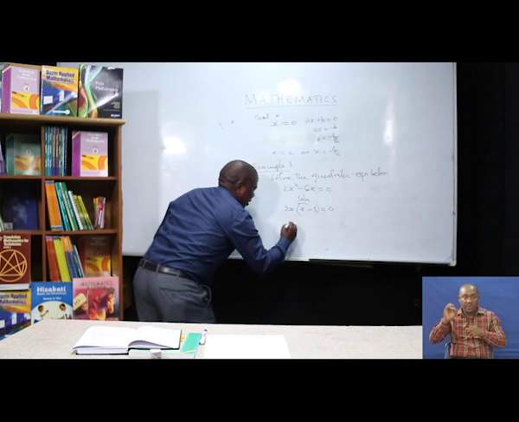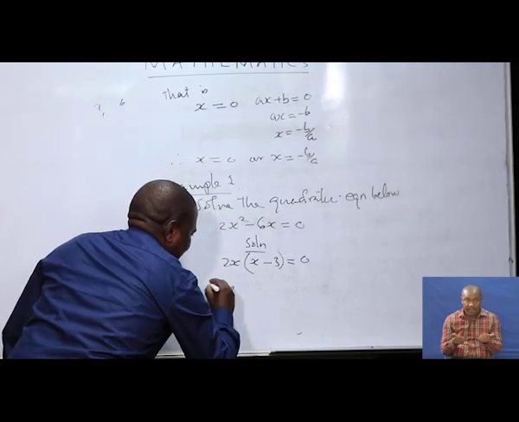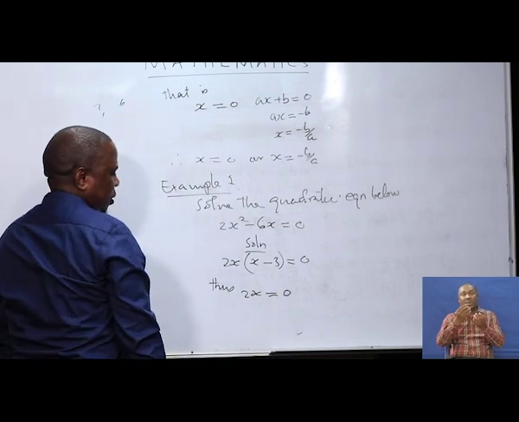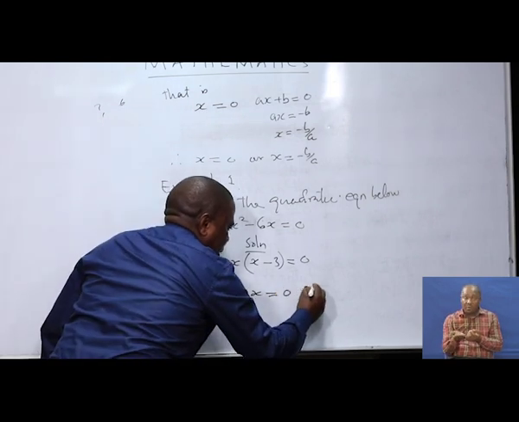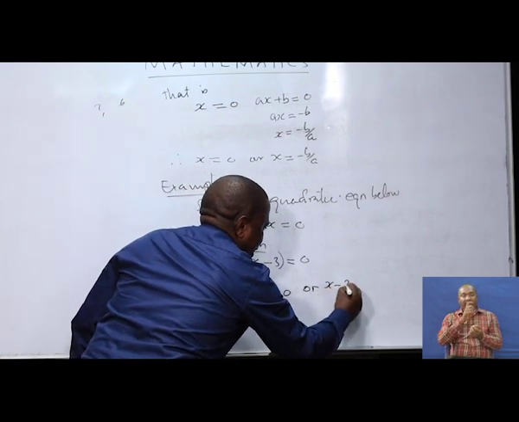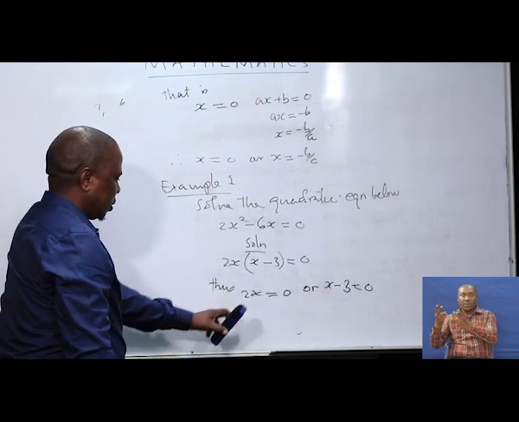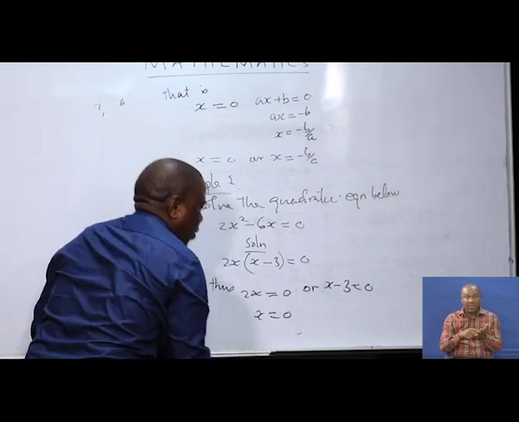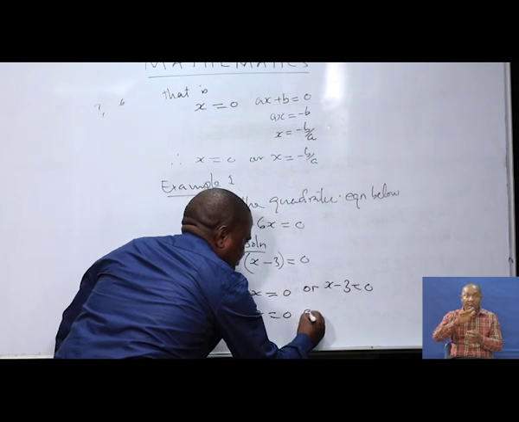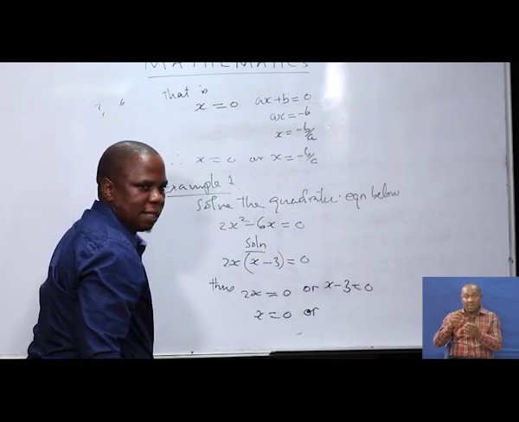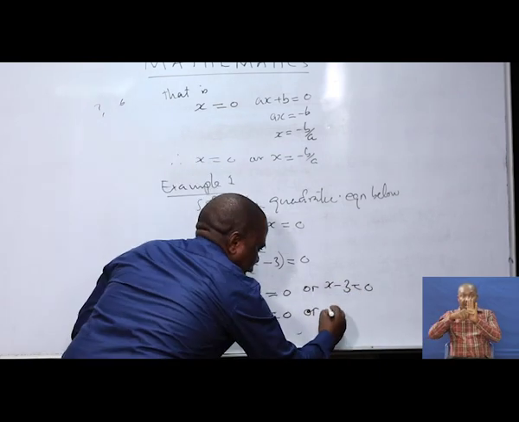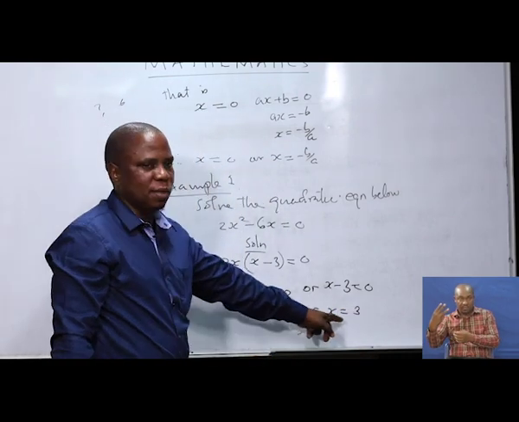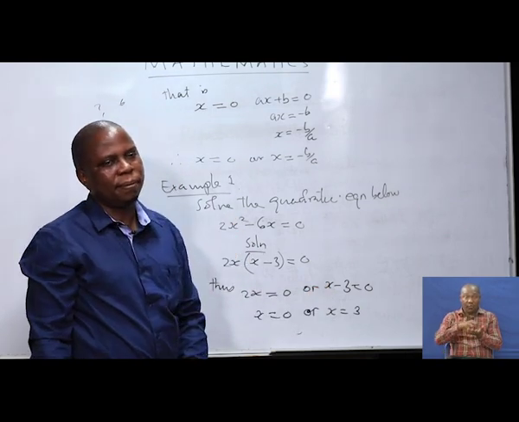So either 2x should be equal to 0 or x minus 3 is equal to 0. Upon dividing by 2 here, you will have x is equal to 0. Or if you take 3 to the other side, its sign will change, so x is equal to 3. These are the two values which satisfy this quadratic equation.